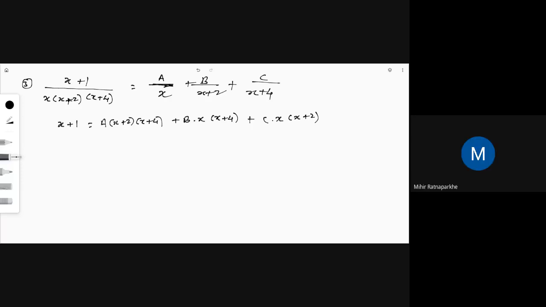Sir, is the value of b 3/2? No, just tell me what values of x you're putting. Can we put -2? The values of x I have put are x equal to -4, and for the second value x equal to -2.